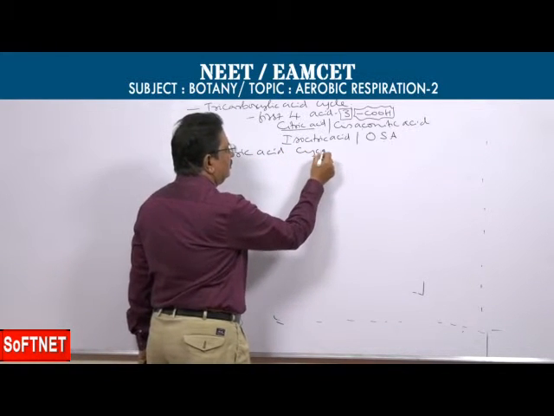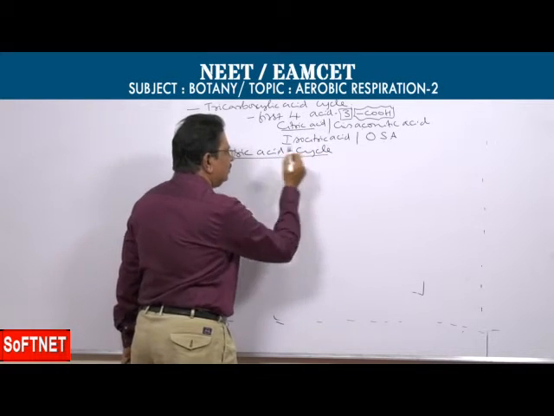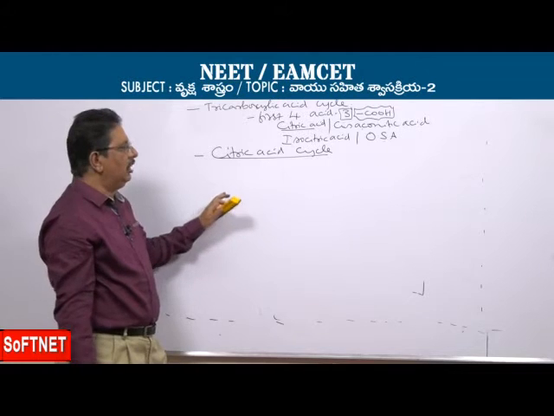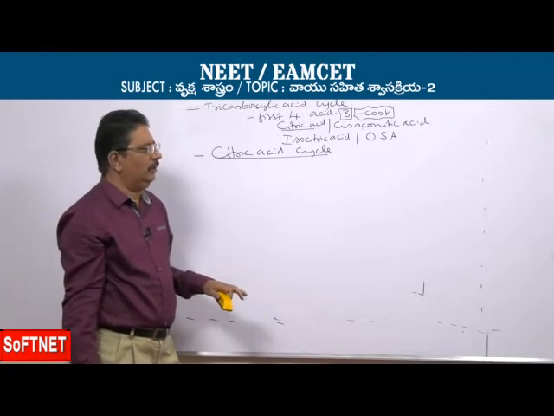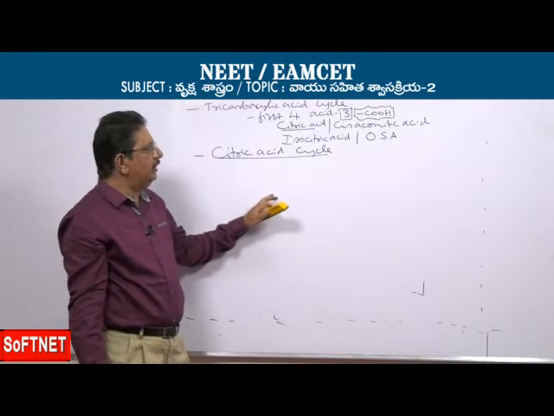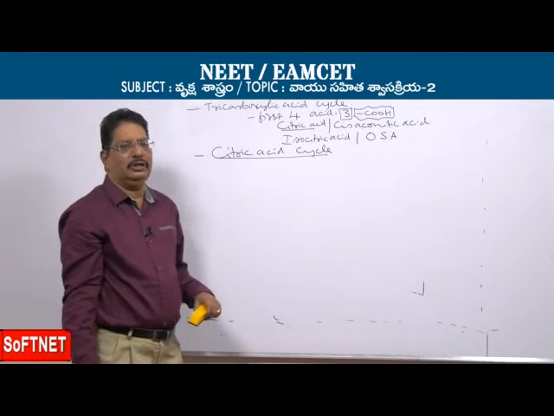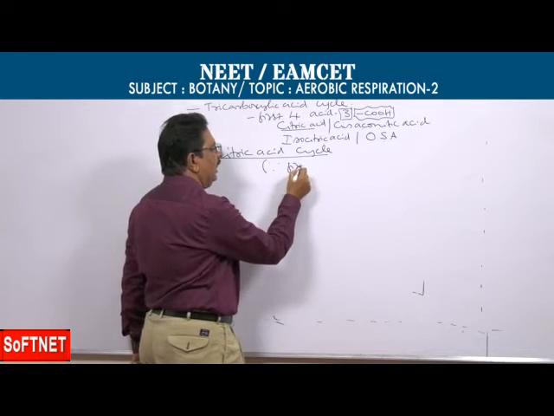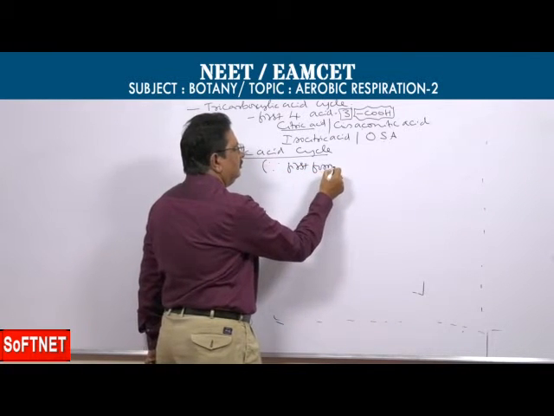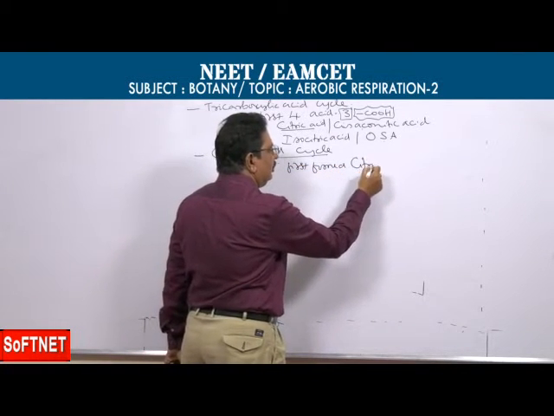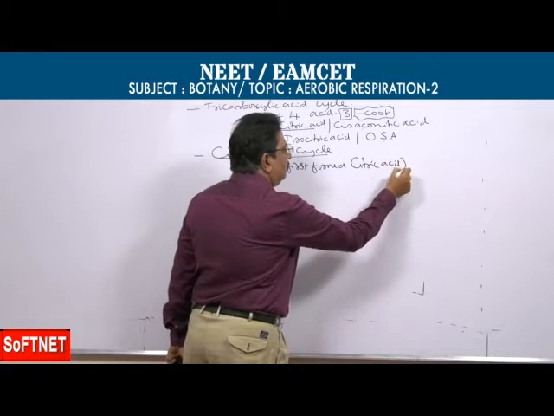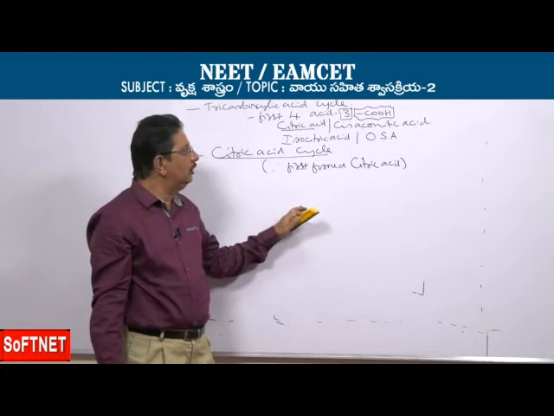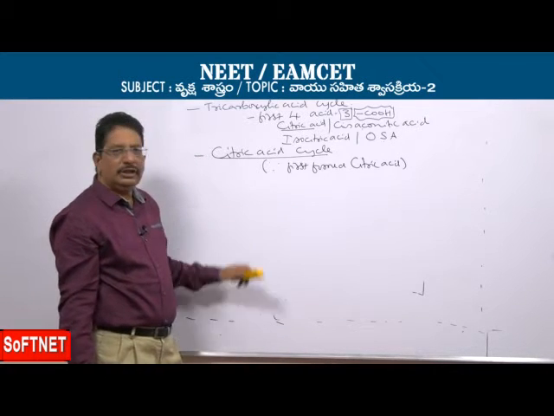Citric acid cycle. Why is this called the citric acid cycle? Again, during this complex metabolic pathway, a number of organic acids are formed as intermediates, of which the first formed acid is citric acid. So the first formed stable compound during this pathway is citric acid.